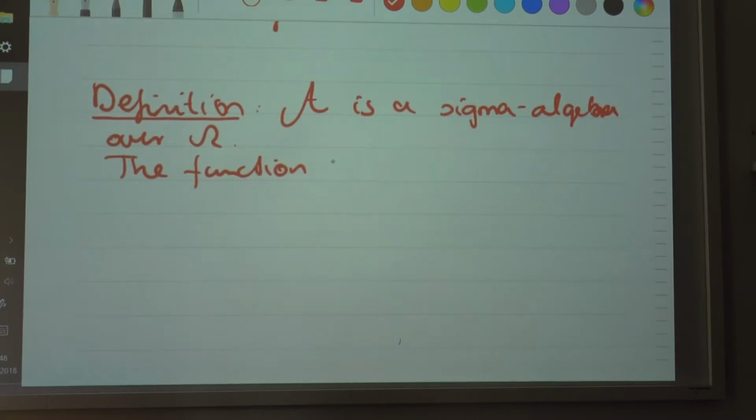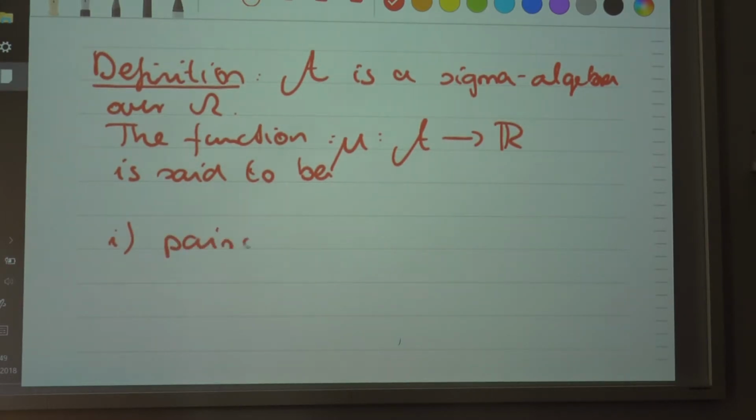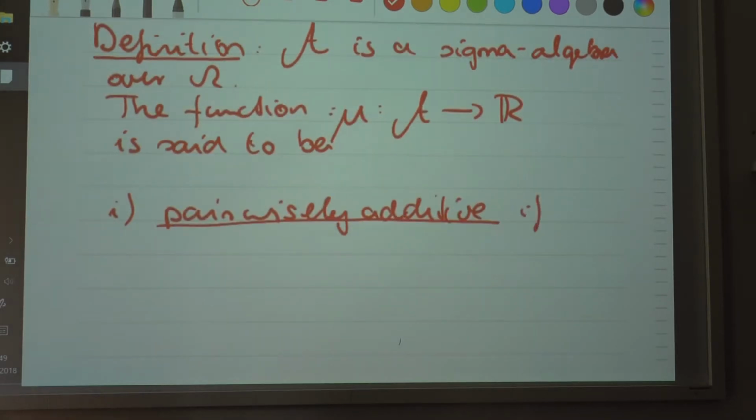So the function u, which is defined on the sets of the sigma-algebra and maps the sets of the sigma-algebra to the set of real numbers, is said to be, the first thing, pairwisely additive if the image of a union of two sets is equal to the sum of the images.